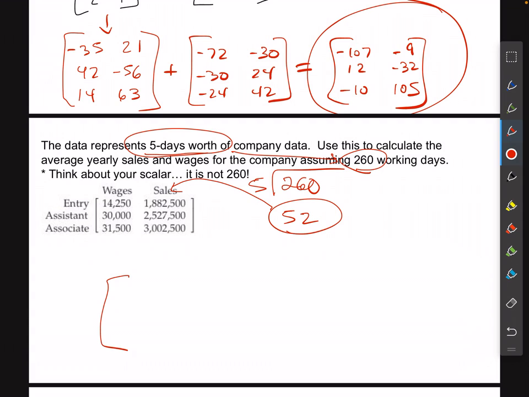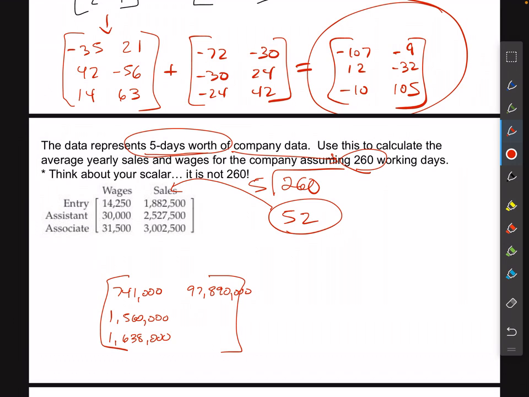All right, so when we do that, I'm not going to take the time to run all these calculations on my calculator, but what you should be getting when you do this is, let's just make sure, yes, when you do this, you should be getting 741,000, 1,560,000, 1,638,000, and then here for under sales we have 97,890,000.